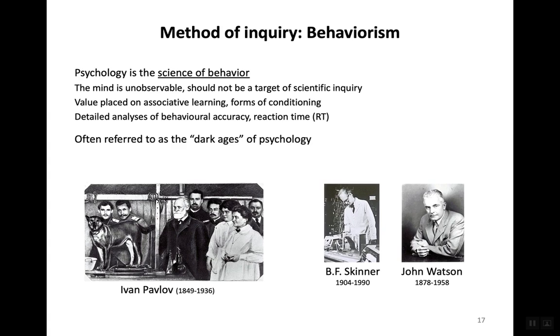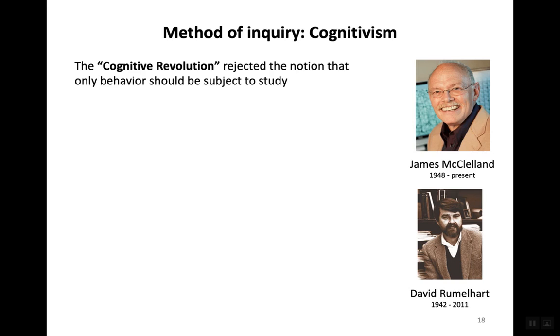But this came at its own cost, because while behavior can take you very far while you're trying to explain some relatively simple phenomena, if you're trying to account for complex mental processes and faculties such as language development, behaviorism fails to do such a great job. And this is what, to a large extent, triggered what is called the cognitive revolution in the 1960s.